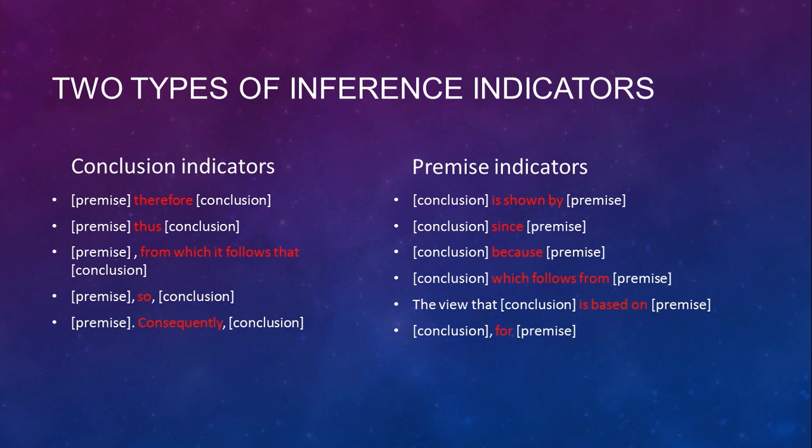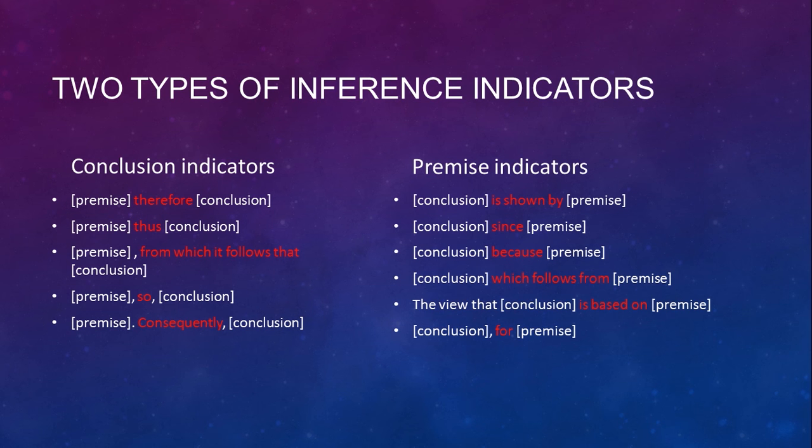So and so, thus, from which it follows that, so, consequently. These are all ones where the premise is presented first, and then you get the inference indicator, and then the conclusion comes next. But of course, you can switch that around where the conclusion is presented first. So the fact that we should make dinner is shown by the fact that I am hungry.